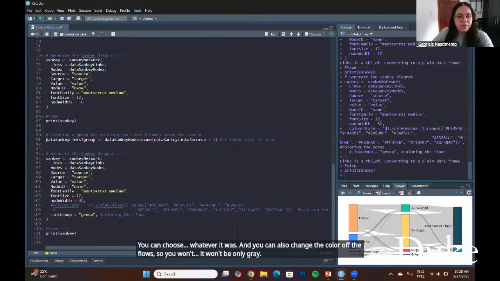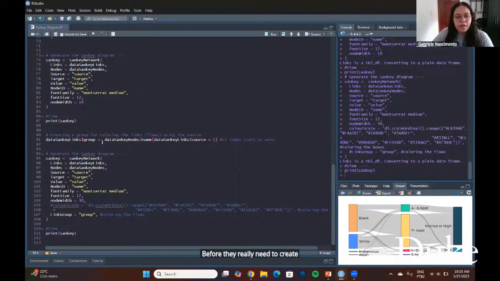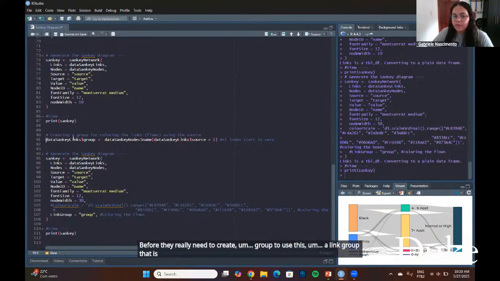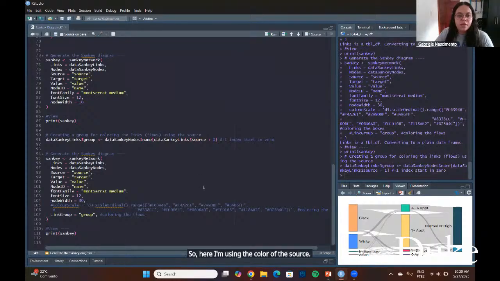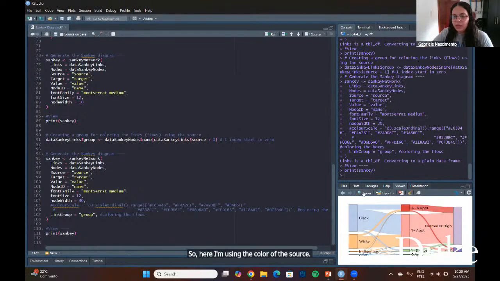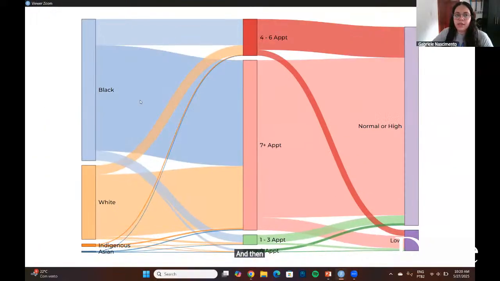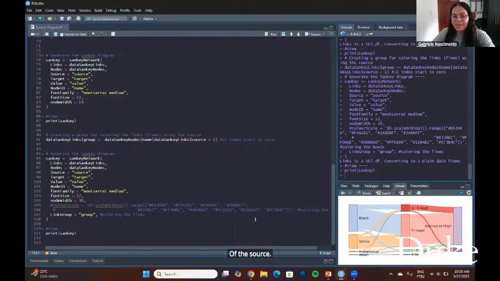And for that, we will need to create a group to use as a link group, which is the color for the links, the flows. So here I'm using the color of the source. And then we can see that the flow is also the color of the node of the source. Yeah, and you can export it, and that's it.